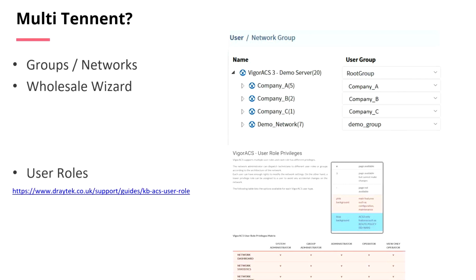There's information on the roles in a website article that tells you about the different privileges, so it's possible if you want to provide customers with access, which I think on some of the SD-WAN side is something people are quite interested in, getting better insights into the network. So I think you might find more demand for this with ACS3, with the move to SD-WAN.